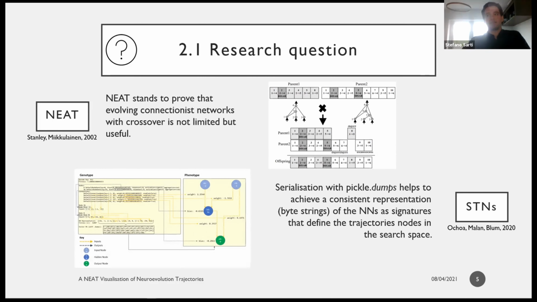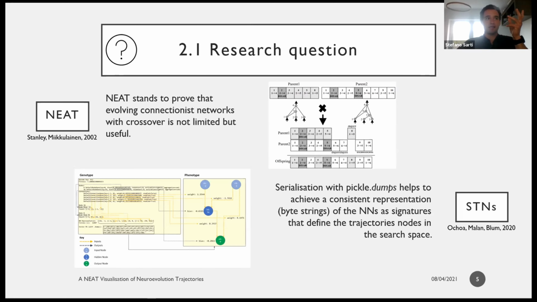STNs, as I've said, is a fairly recent technique, which has not yet been applied to algorithms where the vector of solution is dynamic, so it changes over generations. We identified a mapping technique to achieve this, which is using pickle dumps from the pickle library, which is basically serialization.